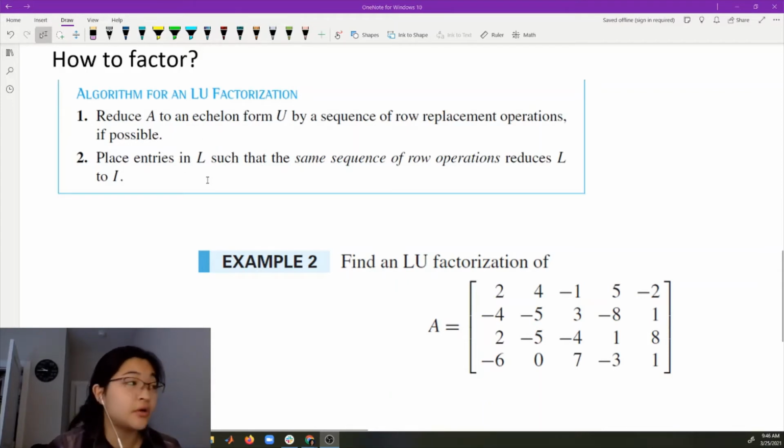Those are all operations that you can represent through matrix multiplication, right? So we have our record keeping happening for L, and U is being row reduced. So try that out. Pause the video and try that on this problem, and then we'll see how we do.